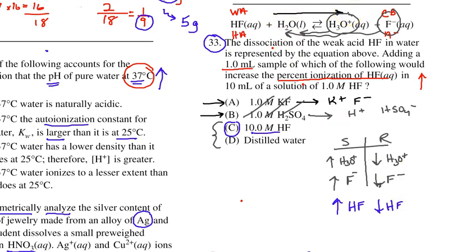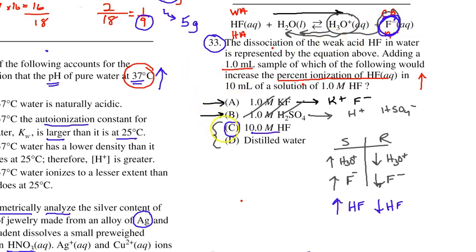And that probably happens pretty quickly, but by having more HF, we're going to produce more HF that's going to ionize with water.